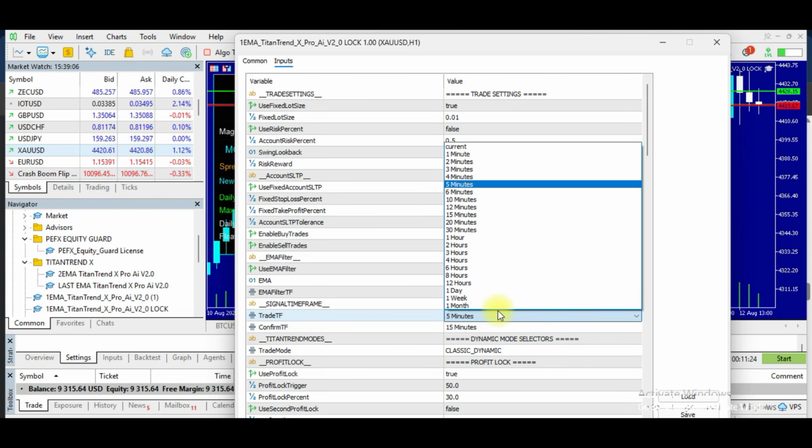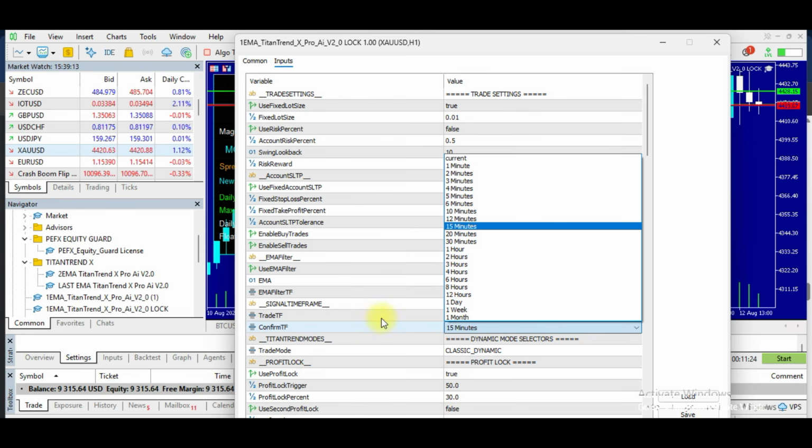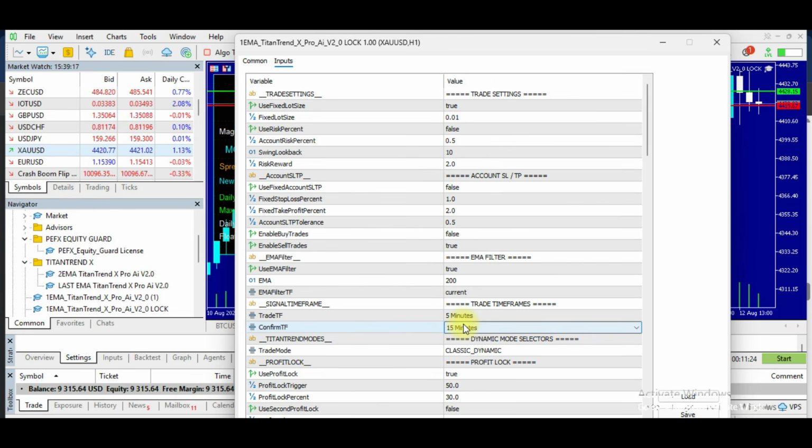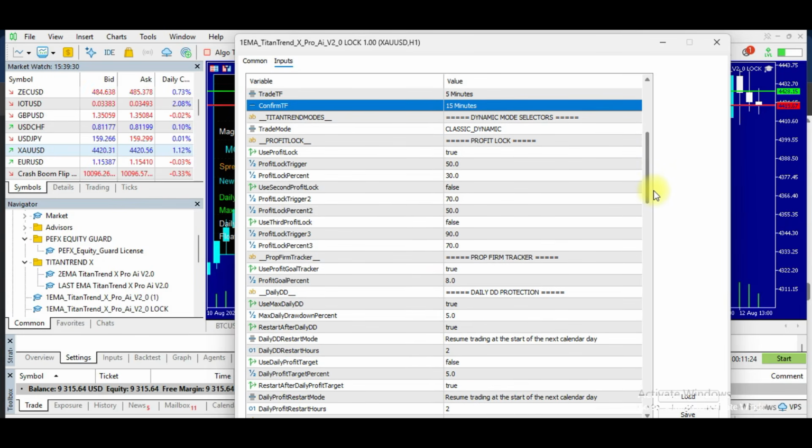And this is the confirmation time frame, which means the EA will analyze the market on a higher time frame and execute the trade on a lower time frame. That is the meaning of this. I'm rushing it because there's a lot I want to explain to you guys.